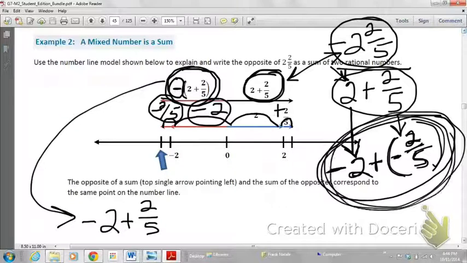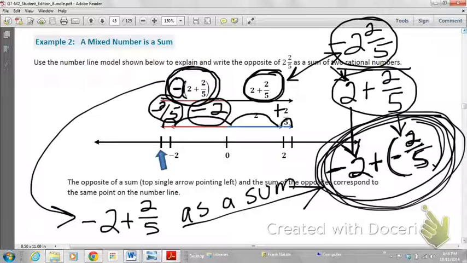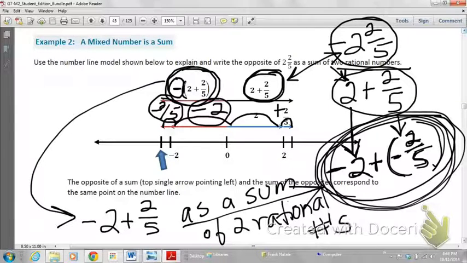This would be the way to actually write negative 2 2/5 as a sum. That is how you write it, as a sum of two rational numbers.